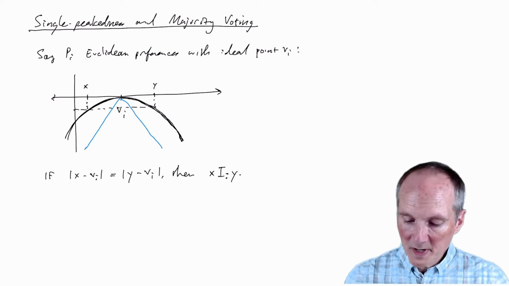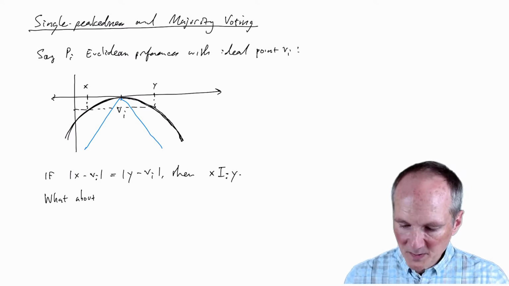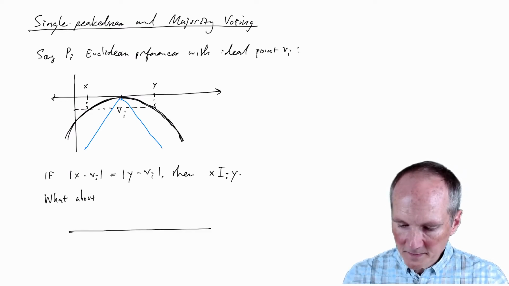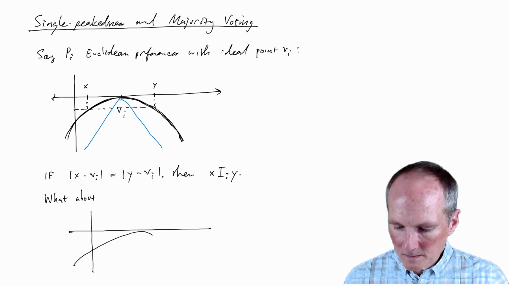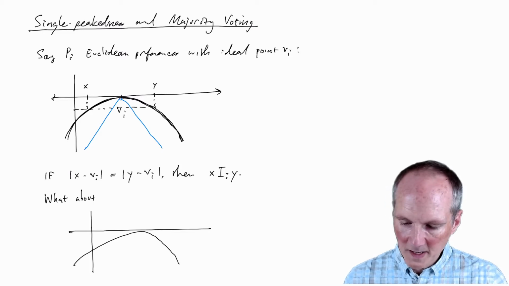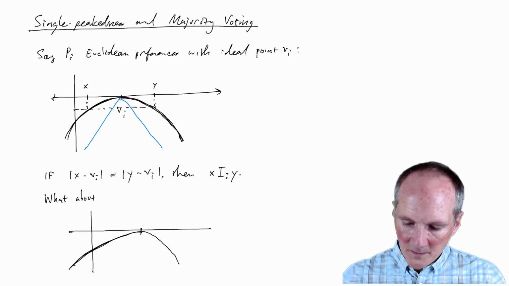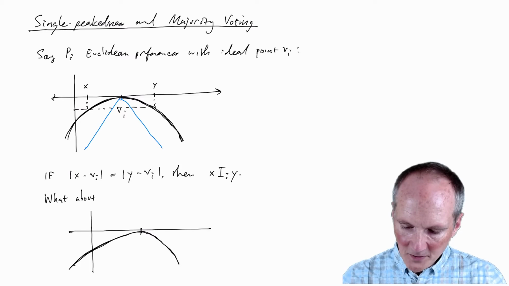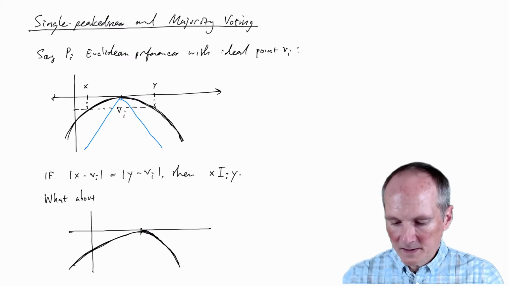All right, but what about something like this? Suppose we have our set of alternatives, an axis for utility, and suppose that the utility function has this kind of form. And now I've purposely drawn this to be not symmetric around the ideal point. The utility drops off faster as we move to the right from the ideal point.